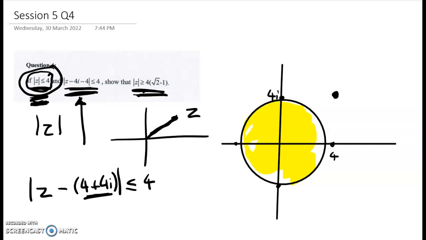So what do I know about how that fits with the first one? Well, let's do it properly and line it up. So we've got the center at 4 plus 4i, and the radius is going to go out 4. So this point here is going to be on the edge of this circle, and this one here. And now we're going to go up here and out here. So we've got two intersecting circles.